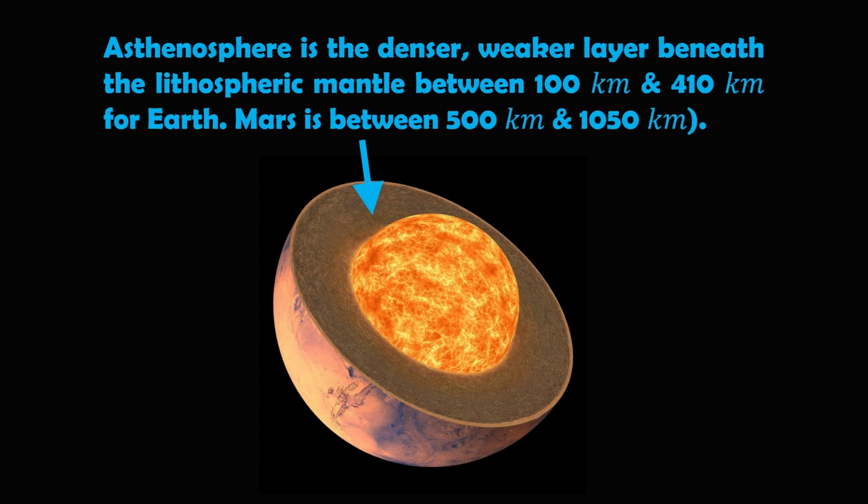And then the other part that behaves more like a liquid is a weaker layer below this one, and it's in the mantle between about 100 and 410 kilometers for Earth. Mars is about 500 to just over 1,000 kilometers, and that's down to size and the differences in pressure. A smaller planet is not going to have such high pressures inside, so depths can change.